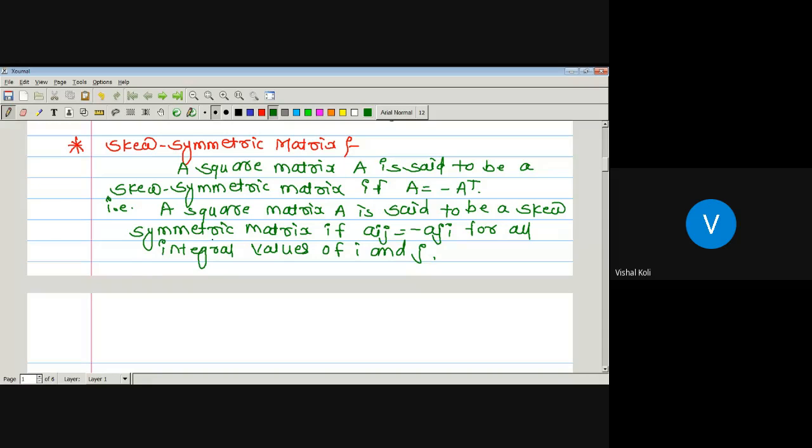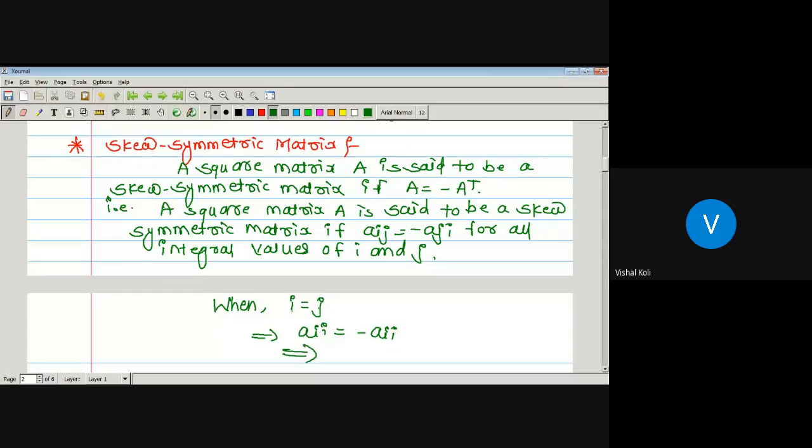But whenever there is a case Aij in which i equals j, the element belongs to the diagonal. So if i equals j, then Aii is equal to minus Aii.